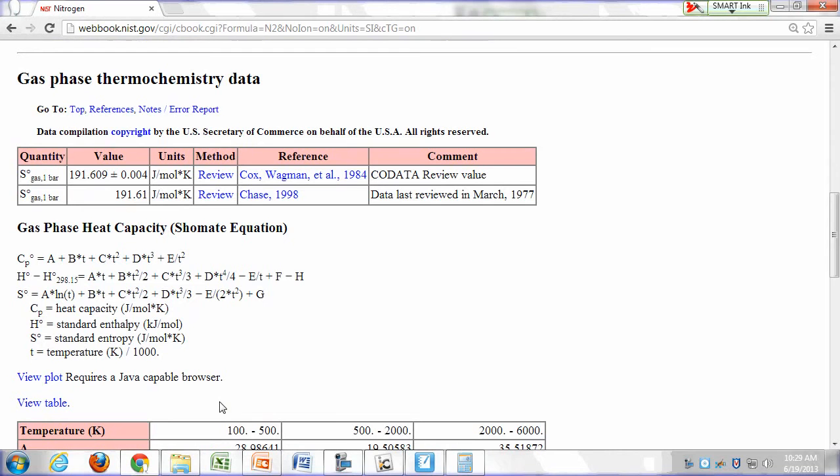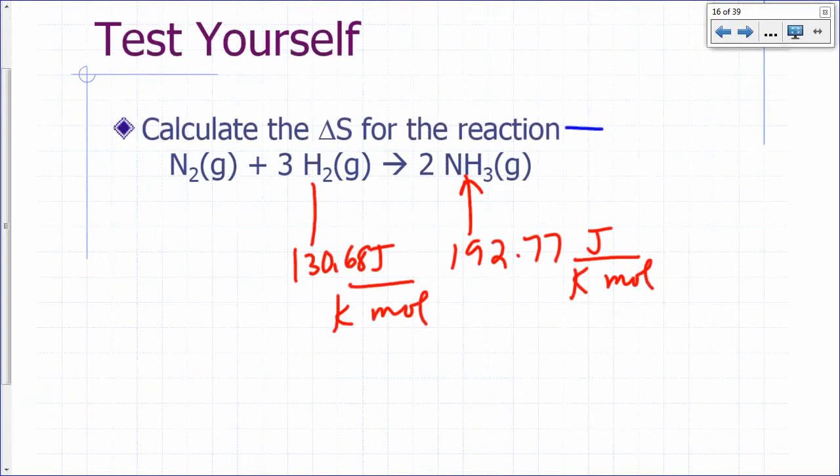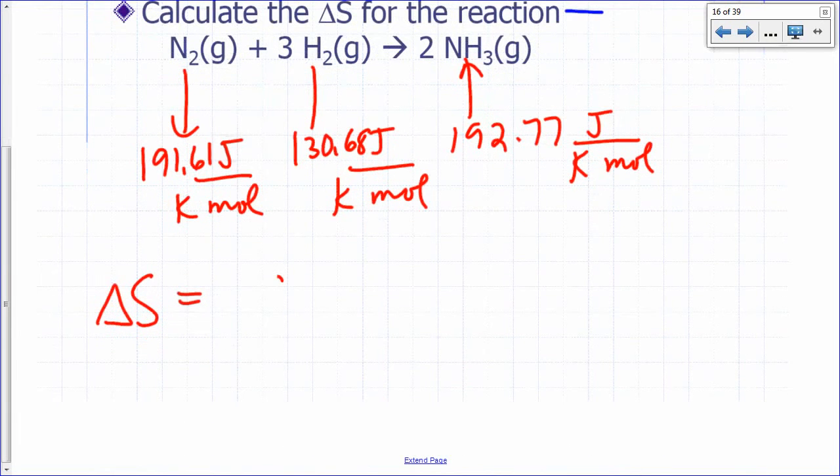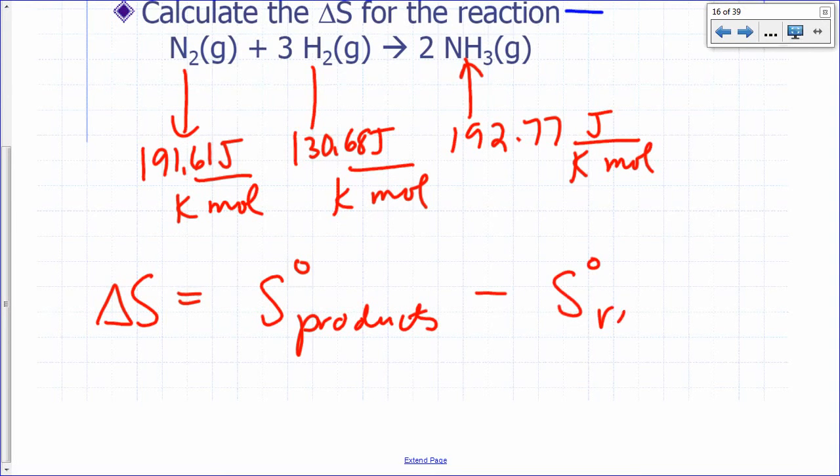The value for nitrogen is 191.61 joules per Kelvin per mole. So what's our delta S? What's the formula for delta S? It's the standard entropy of the products minus the standard entropy of the reactants.